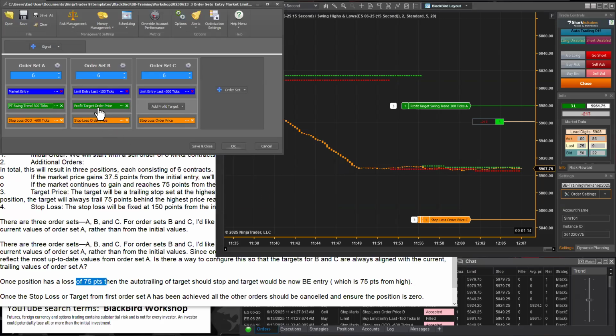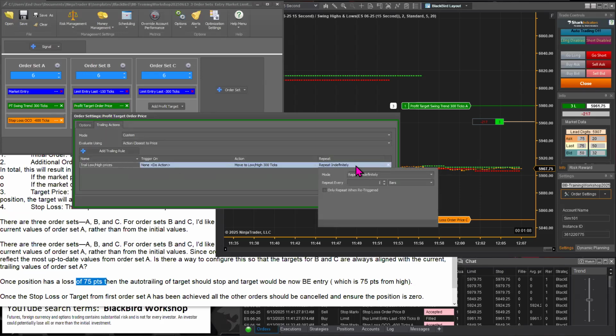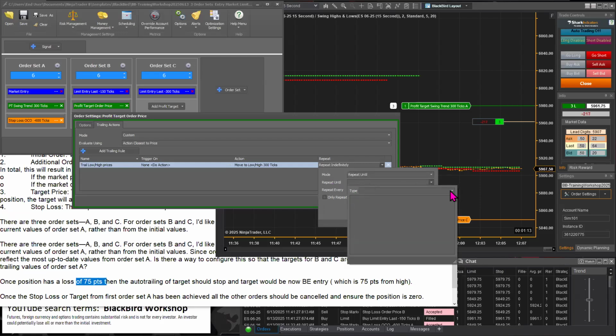And then I'm going to go into the profit target for B, and make that same change. So go to repeat until, go into the repeat until menu here, scroll down to the order status changed trigger, and then we just need to set up this order status change. So when the limit entry order is filled, there we go, that turns off the trailing.